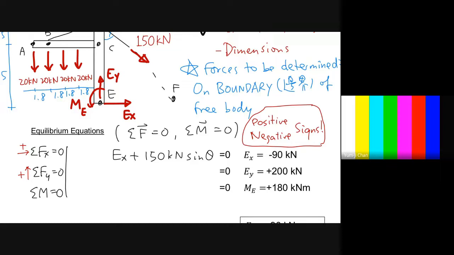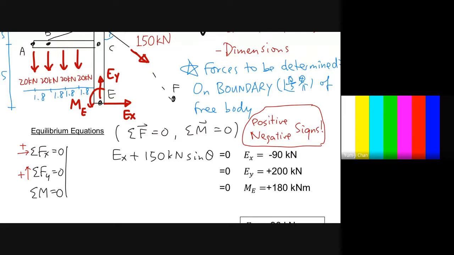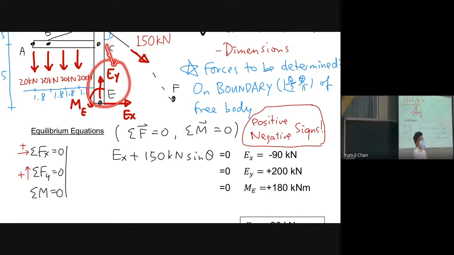Now for summation Fy equal to 0, we count how many forces have Y components. We have these 1, 2, 3, 4, 5, and 6. We have 6 forces having Y components. We first write Ey. Ey is going up, so is it positive or negative?